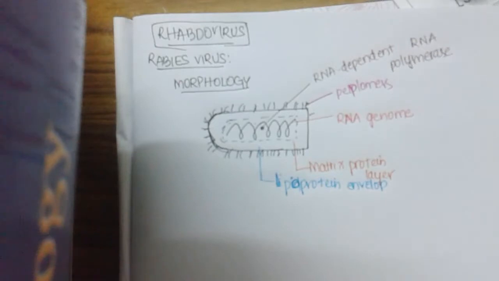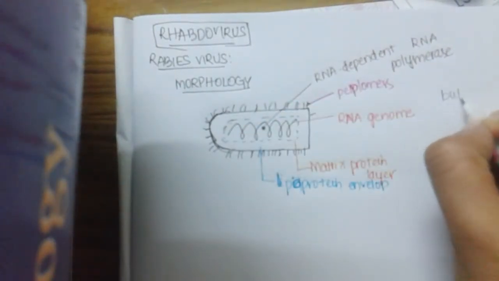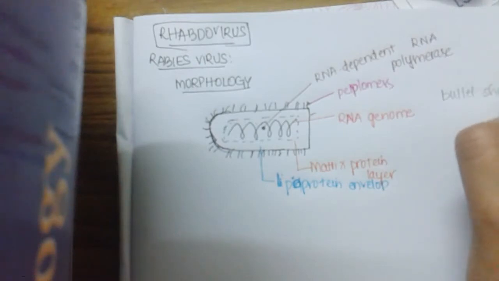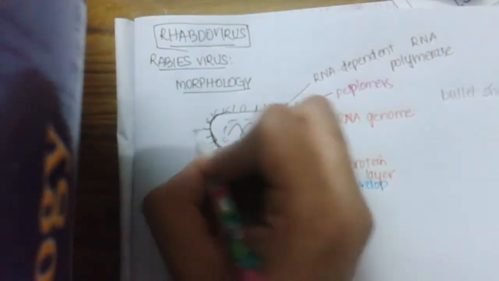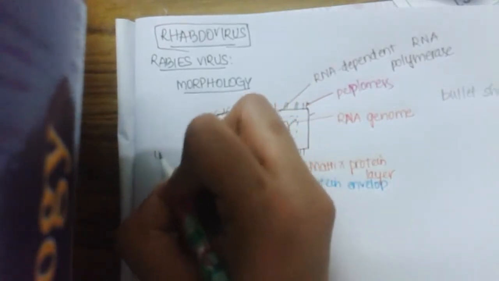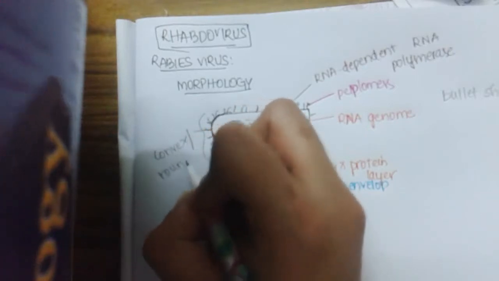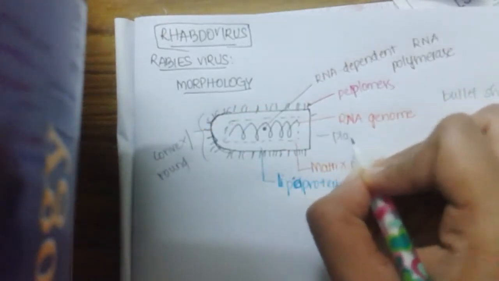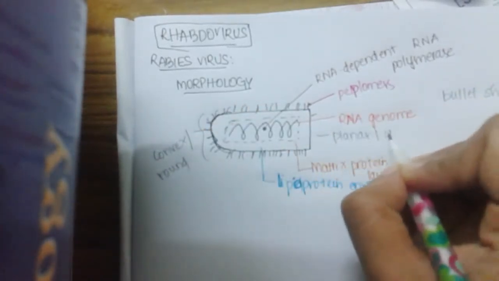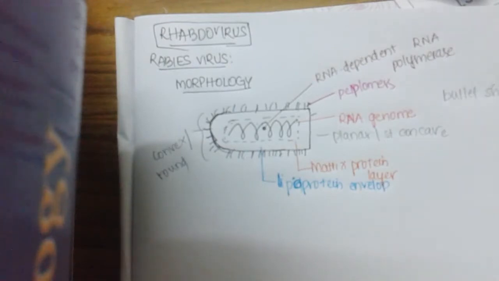So one end is bullet shaped. This is mainly bullet shaped. You can see this end is convex in shape or round, and the other end is planar or sometimes concave, right? So let's discuss each and every part in detail.